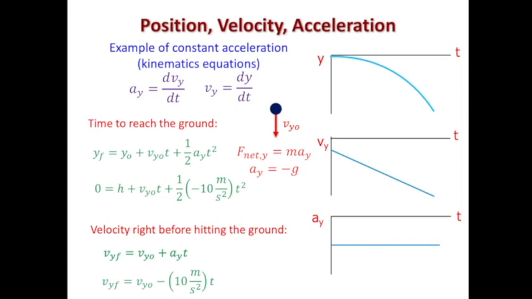So here if we plug in values relevant to this equation, here they plug in h for y naught, even though on this graph it sure looks like y naught is 0, but it doesn't really matter. This is some constant. Call it h for now. Vy naught is some negative number, and ay is negative 10 meters per second squared. And if we plot that, we get a parabola that starts at 0 and goes downward.